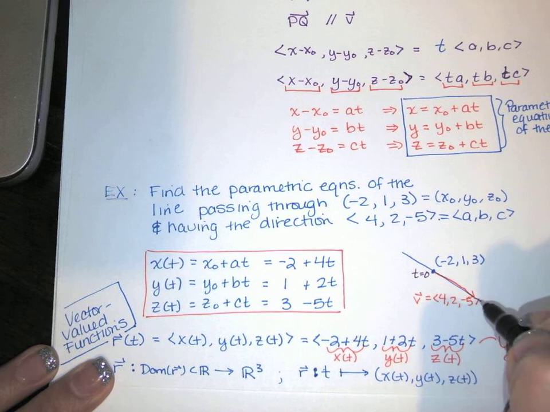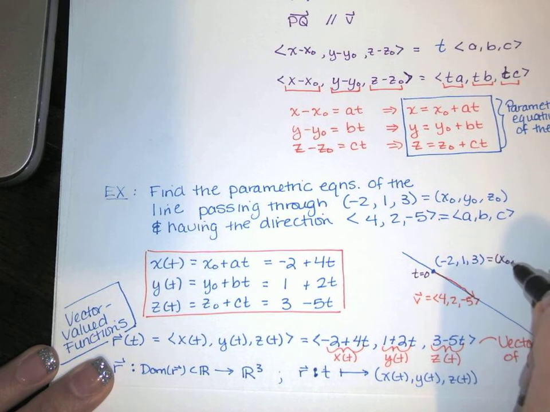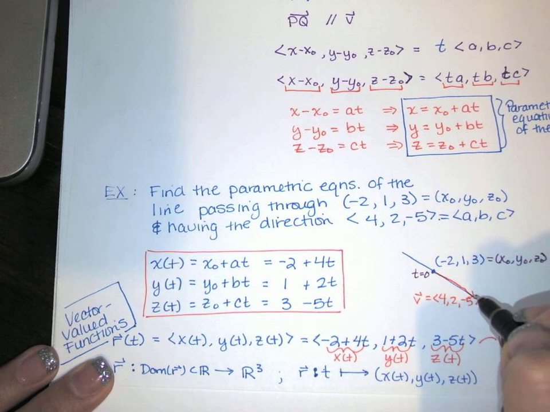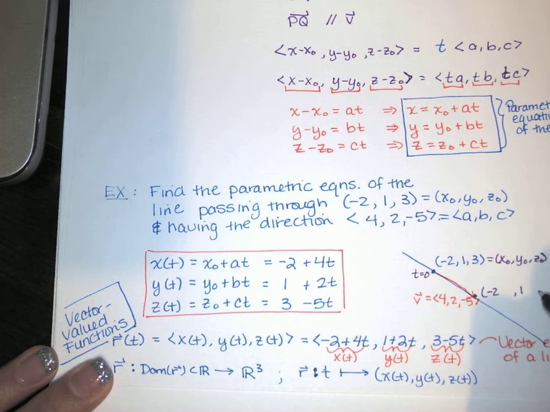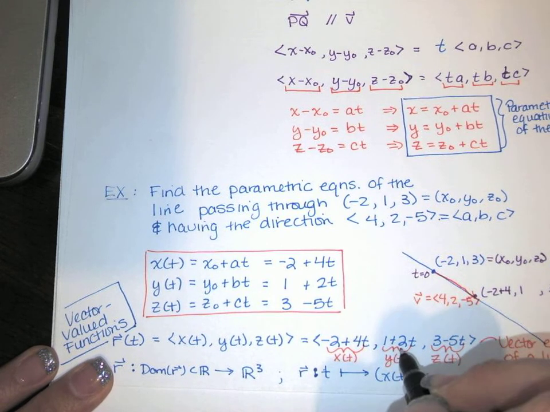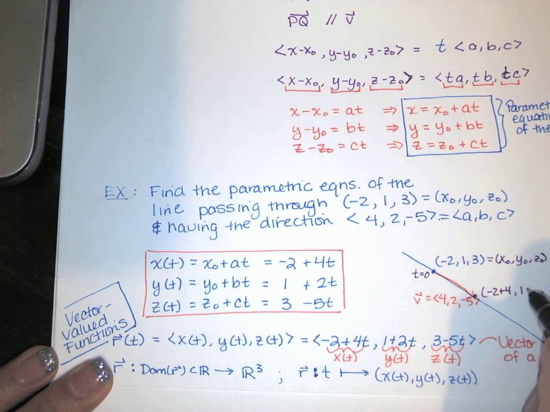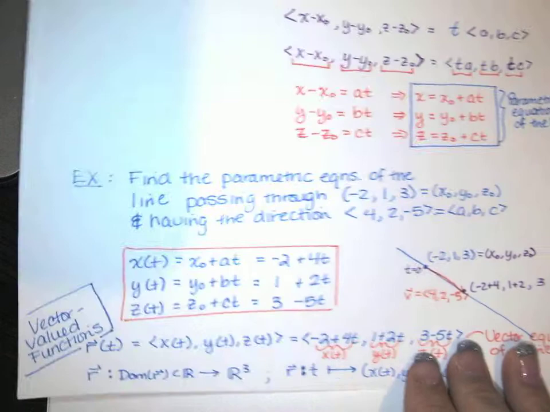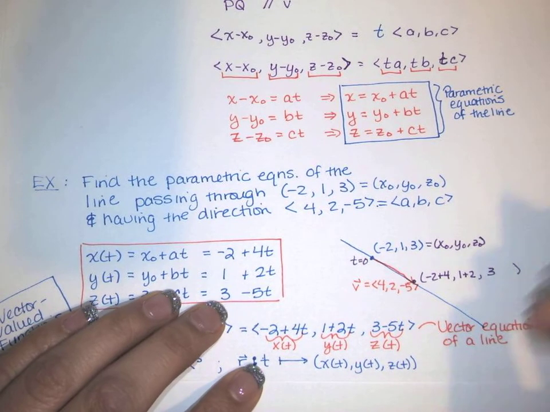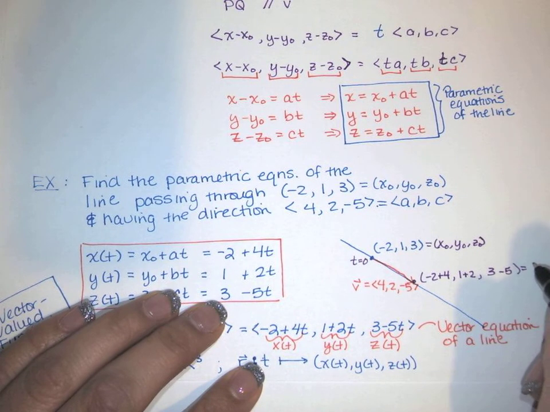So this was x naught, y naught, z naught. Over here at the end of v, we're going to start at x naught, y naught, z naught, which is negative 2, 1, 3. And then we're going to go 4 units in the x direction and 2 units in the y direction and negative 5 units in the z direction. So we get 2, 3, negative 2.